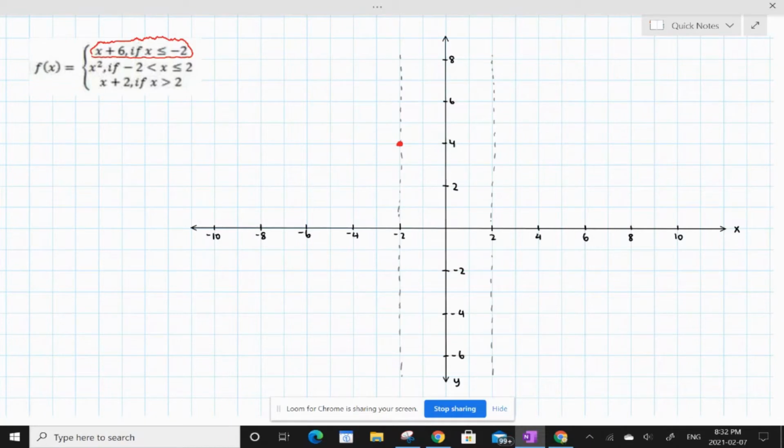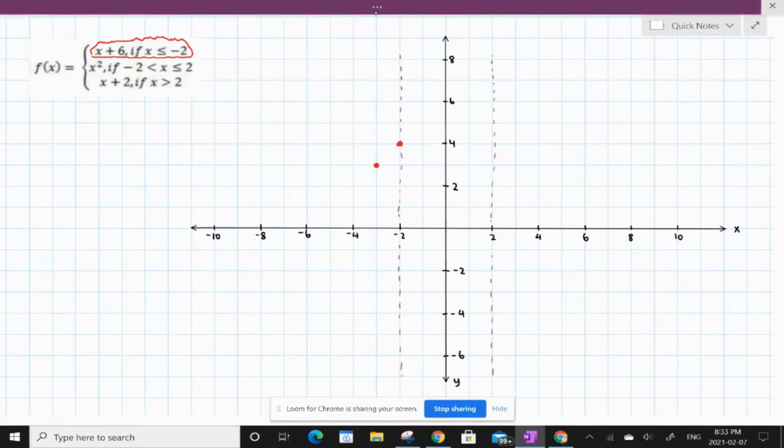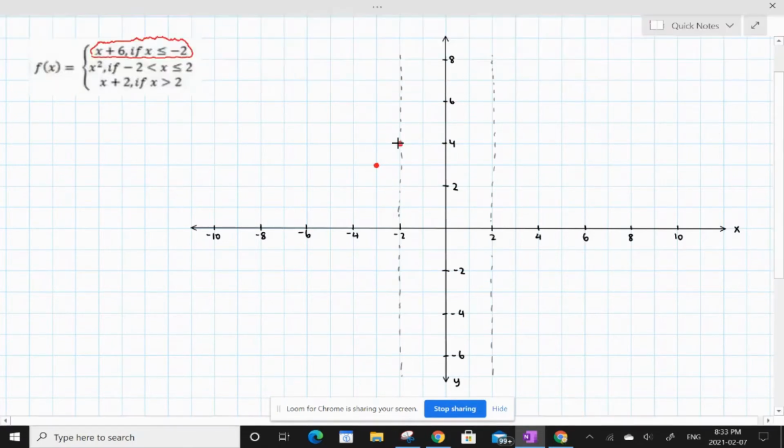Like I said, you could use a table of values to help you. So you could plug in x equals -3, and that's going to give you +3. That would give us this point here as well. Since we're dealing with a line, if you already know 2 points, you can connect the dots to create the first portion of your piecewise function, which is right here.